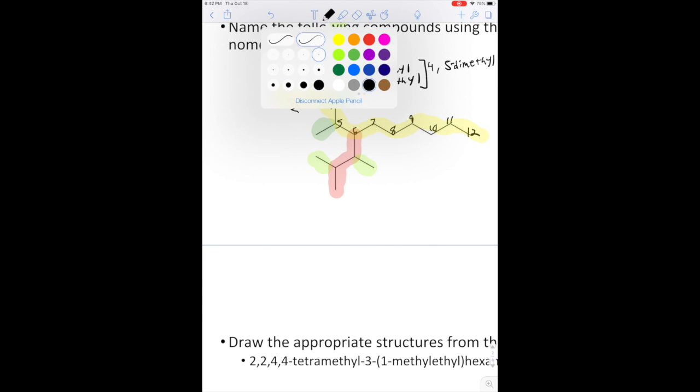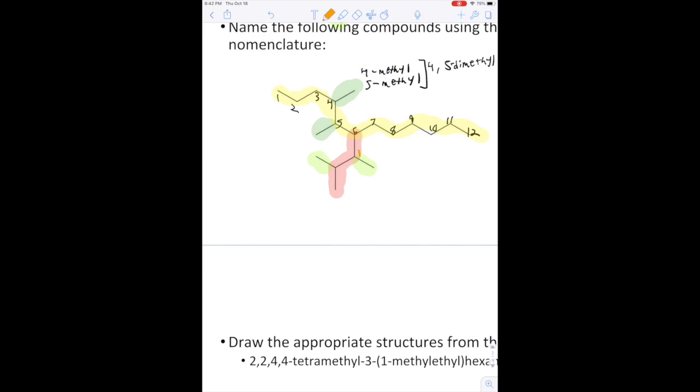For the complex substituent, I already noticed that it's a propyl group. That's 3. Making this a propyl group, like how I would name the other ones, I would start off with writing the longest carbon chain for this, which is propyl. And there's a substituent here, which is, let me use another color so you guys don't get confused. Green works. So there's a 1-methyl, and there's another methyl here.